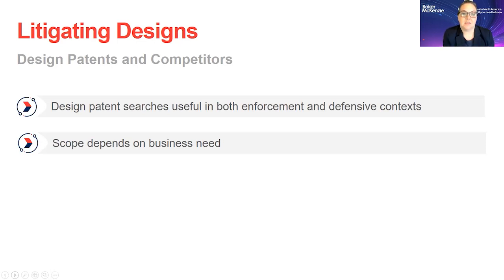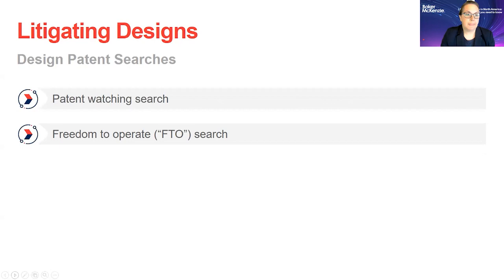In doing so, this allows you to have an understanding of what design rights your competitors have to help your company avoid potential infringement. And depending on the context and the business need, there are really several kinds of design searches that can be beneficial.